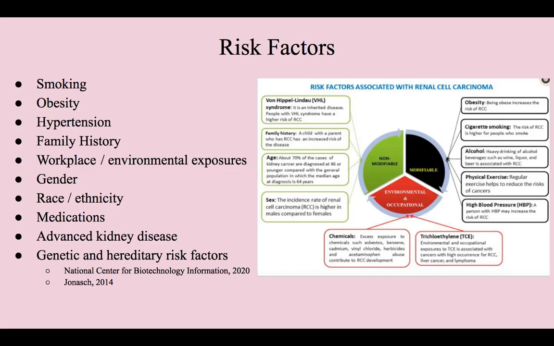Certain medicines like acetaminophen may be linked to an increased risk of RCC, and people with advanced kidney disease, especially those needing dialysis, have a higher risk of RCC. And genetic and hereditary risk factors like von Hippel-Lindau disease also contribute to an increased risk of RCC.